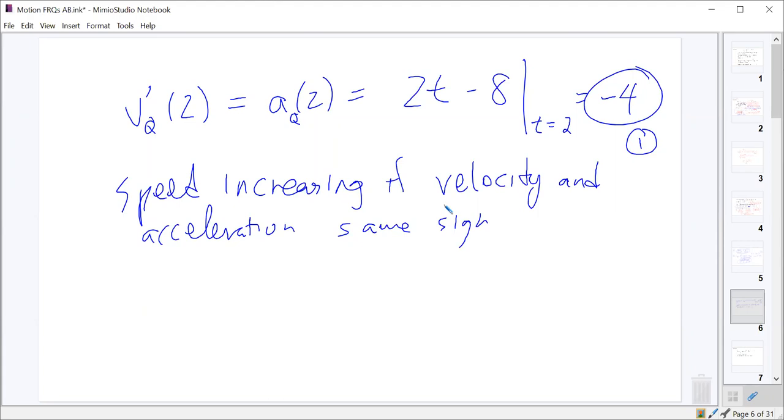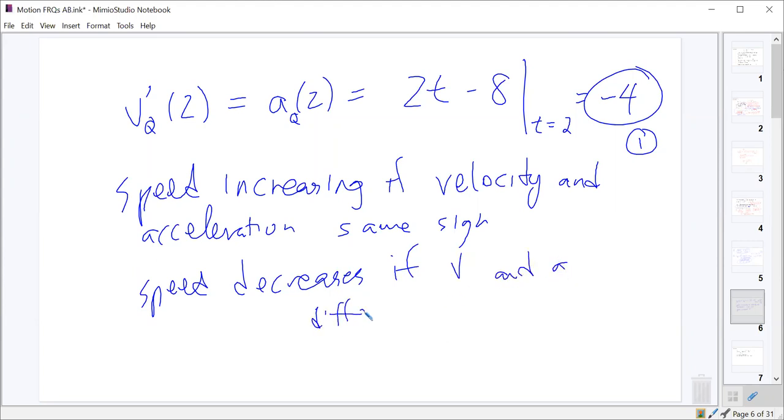So if velocity and acceleration are both positive, the speed is increasing. If velocity and acceleration are both negative, the speed is increasing. Speed decreases if velocity and acceleration have different signs. One's positive and the other's negative. That is something you need to know and have memorized.